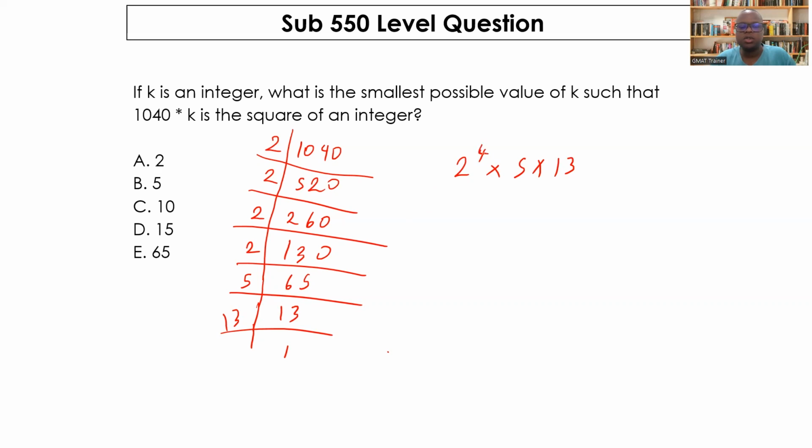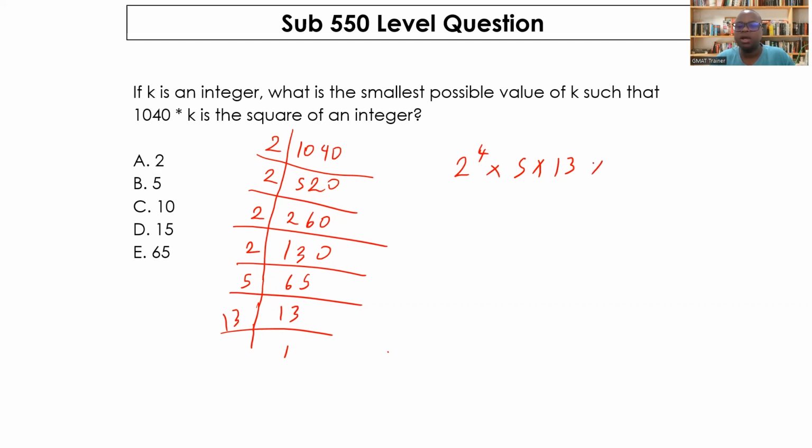So from here we see that the prime number 2 has an even power already. 5 and 13 have a single power. Therefore, to make this a square, we need to make these also have even powers. The smallest that you can make it is if 5 becomes squared and 13 becomes squared.